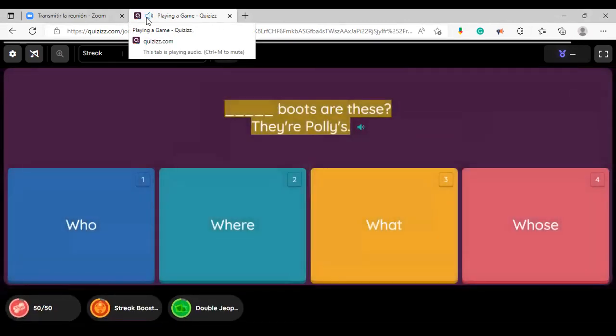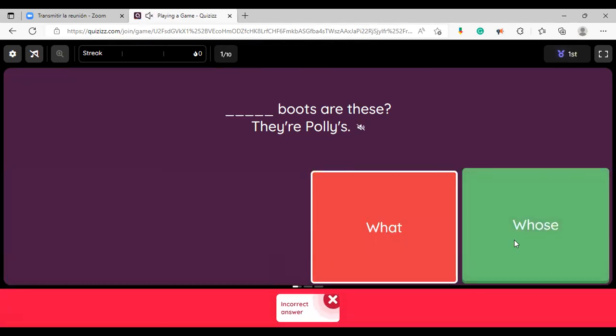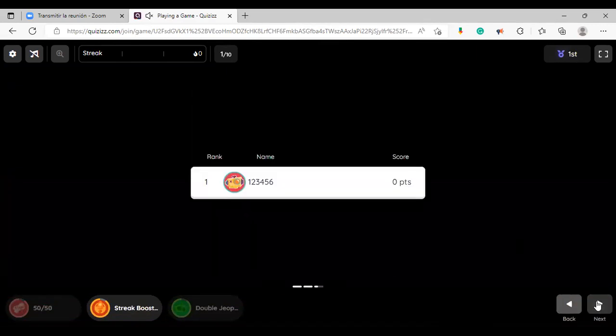Question: whose boots are these? What about this one? Whose? The Keynes, right? Okay.